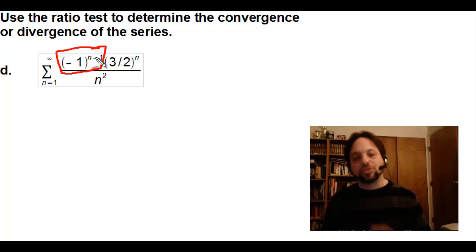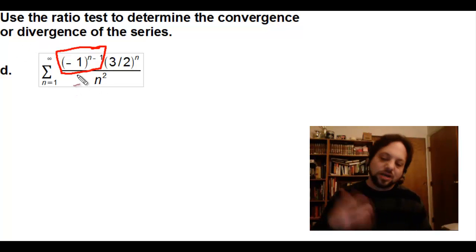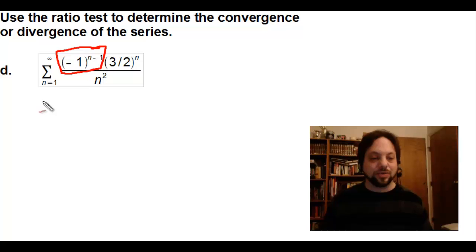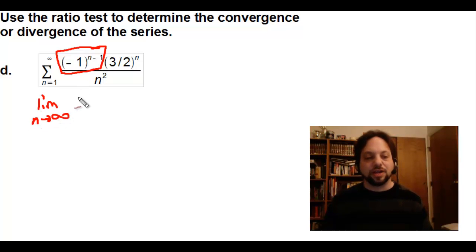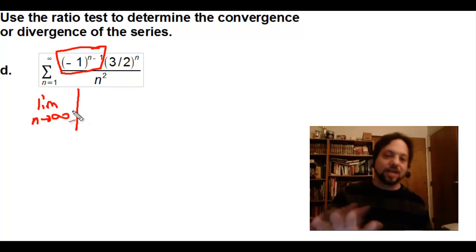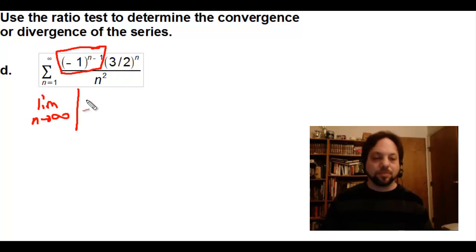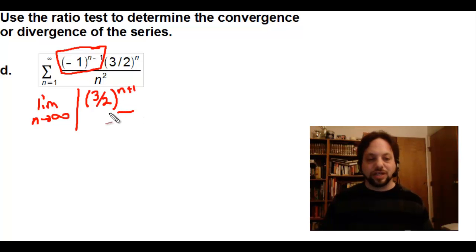It looks like we could use the alternating series test, but let's use the ratio test and just see what happens. So if we do that, we're going to have the limit as n approaches infinity. And again, this is a magnitude, so we don't need the negative 1 to any power involved here. But let's go ahead and take a look at our next term in the sequence, which will be 3/2 to the n plus 1 divided by n plus 1 squared.